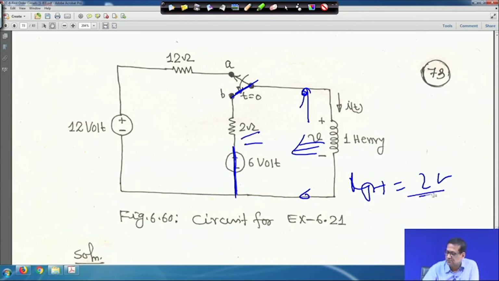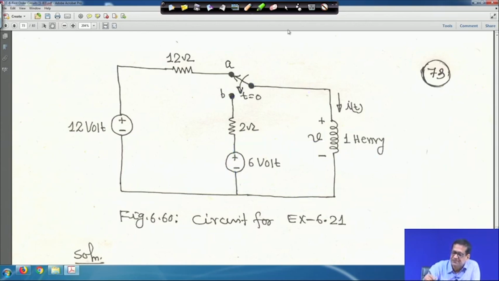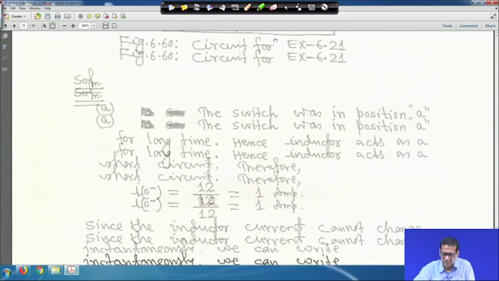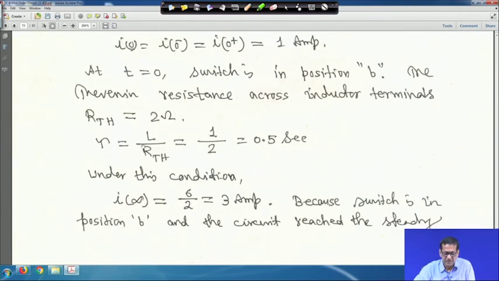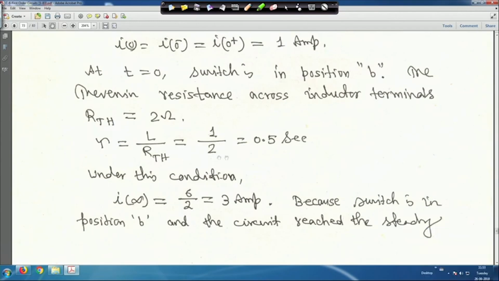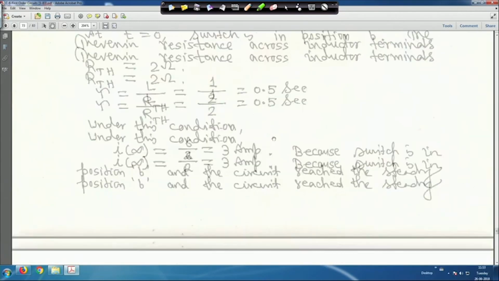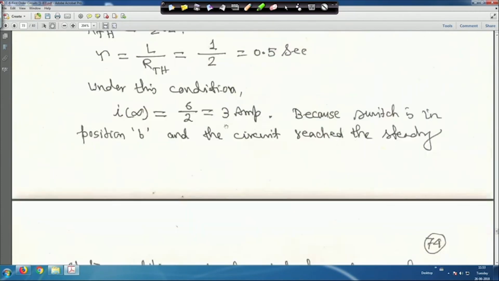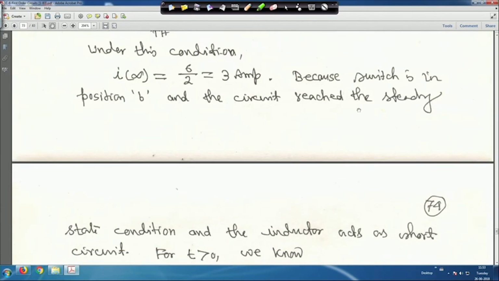So, R Thevenin is equal to 2 ohm, and L is given as 1 Henry. So, you can easily compute your time constant: tau is equal to L by R Thevenin, that is 1 Henry by 2 ohm, so 0.5 second. And i(∞) is 3 ampere, because the switch is in position B and the circuit has reached a steady state.